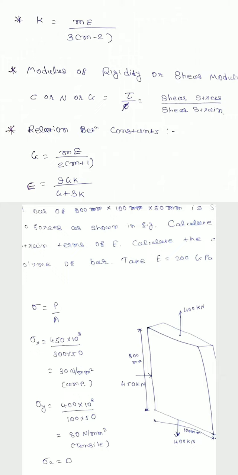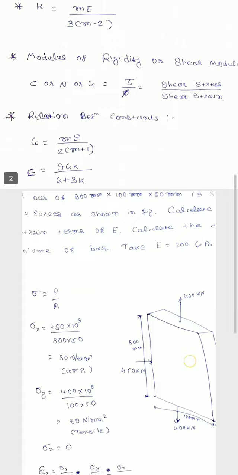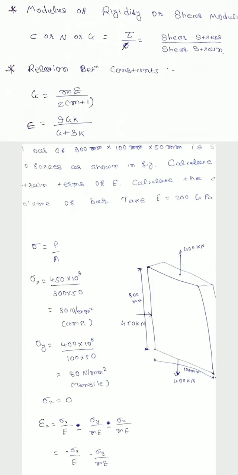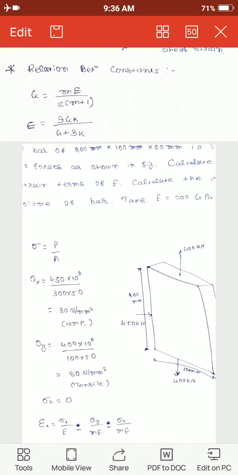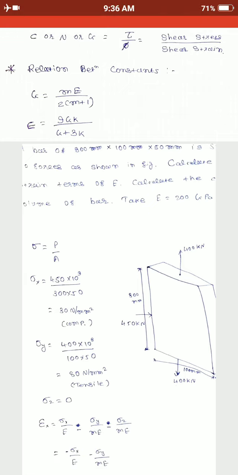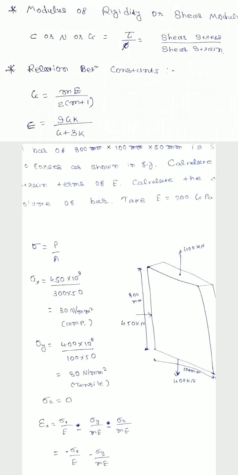E is given, E is equal to 200 gigapascal. So this is the bar. Tensile force is applied in y direction, it is 400 kilonewton, and compressive force is applied in x direction. The thickness of this bar is 50 mm, the height is 300 mm, and the width is 100 mm.